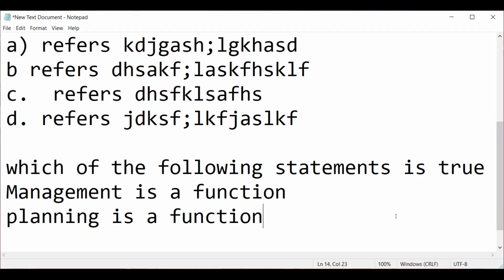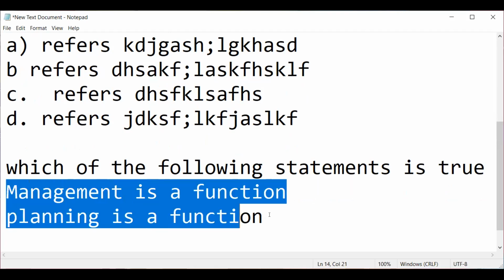So which of the following statements is true? What I'm trying to give is different ideas in the question itself about a particular statement. Management is a function.